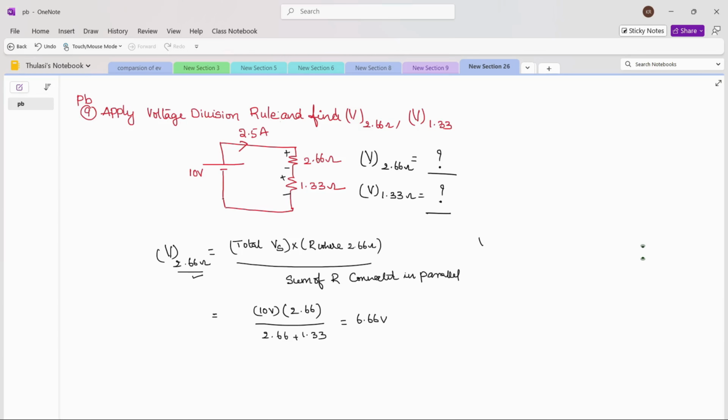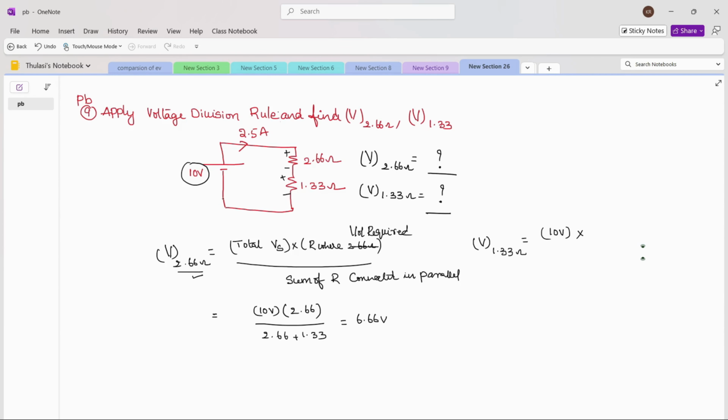Similarly, we need to find the voltage across the 1.33 ohm resistor. So the formula is total voltage. The total voltage given in the problem is 10 volts, multiplied with the resistor where voltage is required.